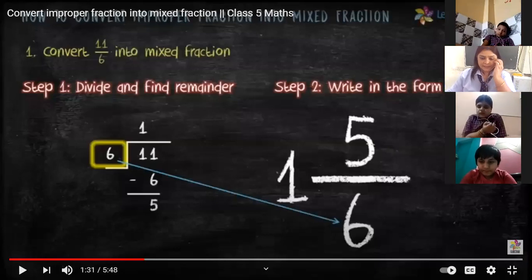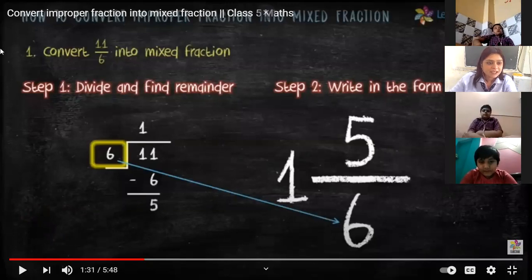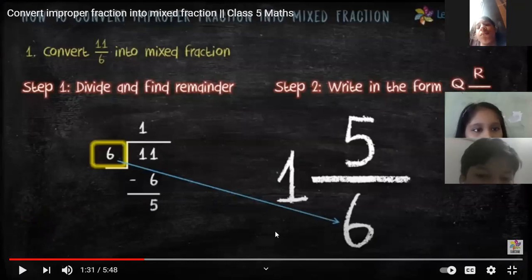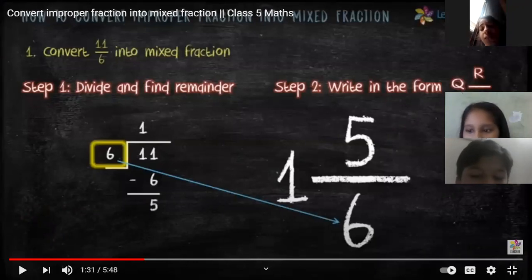Listen to one thing, beta, this remainder. Can you tell me what is the remainder in this particular division? Shreyansh? Ma'am, it is 11. Remainder, beta. Ma'am is asking about the remainder. Remainder is 5. So we write down this remainder in the place of numerator, and then we write the denominator.